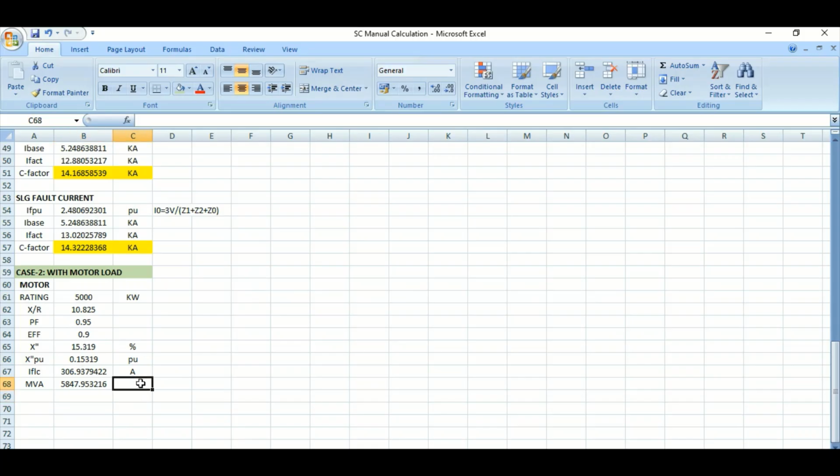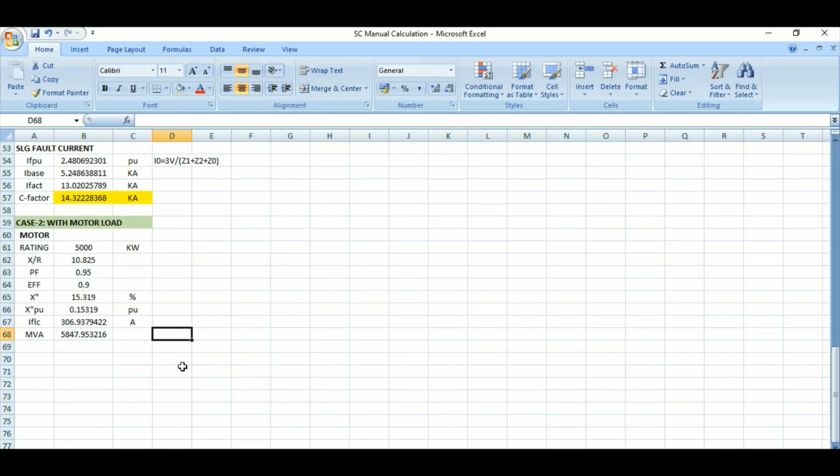So 5847, this is in kVA. Sorry, MVA. This is motor MVA base.